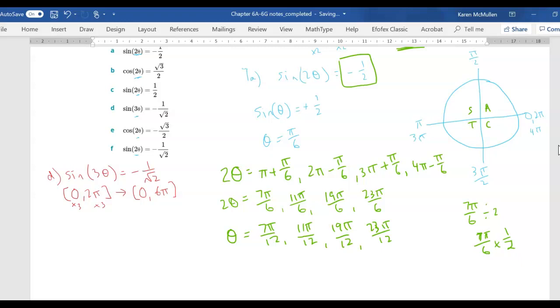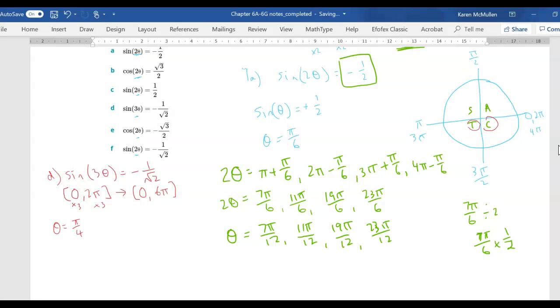All right, what was the other thing I was doing? Okay, so I know theta is equal to our general solution. So 1 on root 2 is pi on 4. But we do want negative. So when we're doing the unit circle, I only want to look at solutions when sine is negative. So we're going to be doing just like the previous question, only the 3rd and the 4th quadrant.